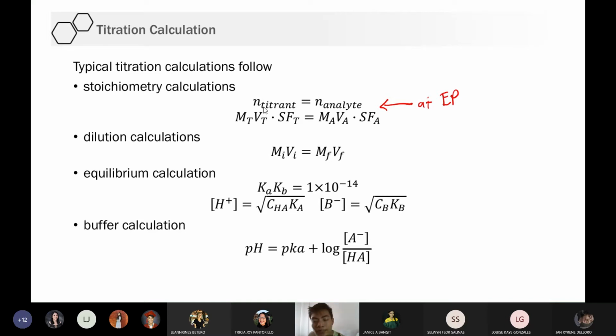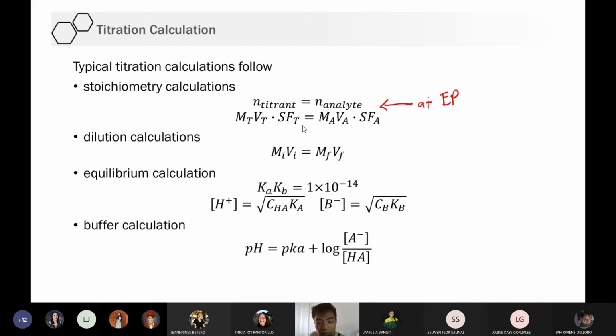So that means the mole of the titrant can be calculated as the molarity of the titrant times the volume of titrant times SFT. Ano to? Stoichiometric factor. Okay? So kung ano yung coefficient niya sa stoichiometry, yun yung lalagay mo dyan. Okay, kunwari, 2 coefficient niya, lalagay mo 2. Kunwari, 1 yung coefficient niya, ilalagay mo 1. Okay?